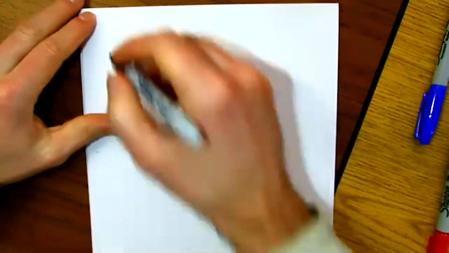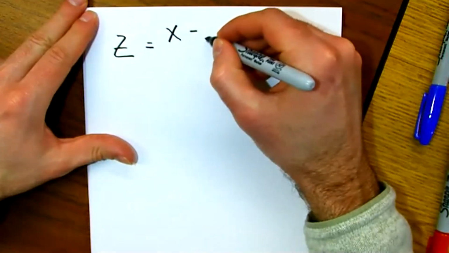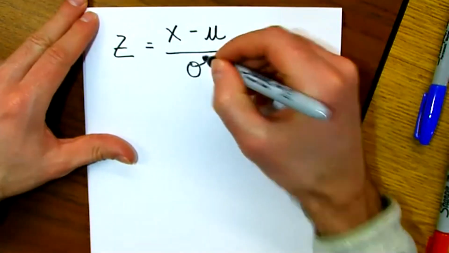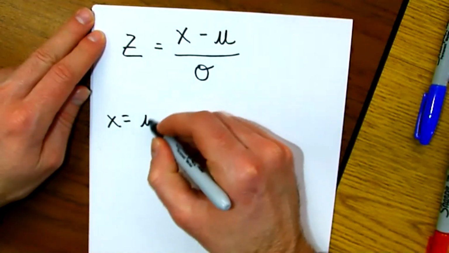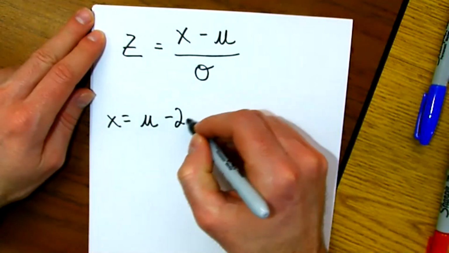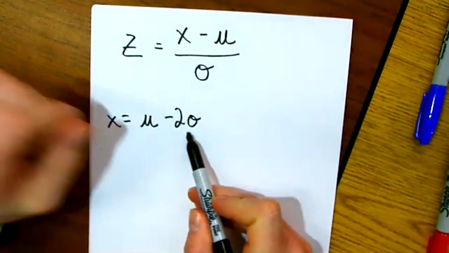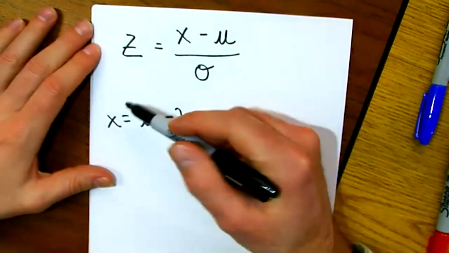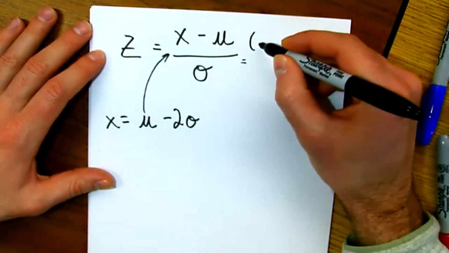If you think about what we're doing with this z-score, we've got the x value, we subtract the mean and divide by the standard deviation. Right? So let's say our x value we're looking at is 2 standard deviations below the mean. Well, once we plug that in, we've got what?